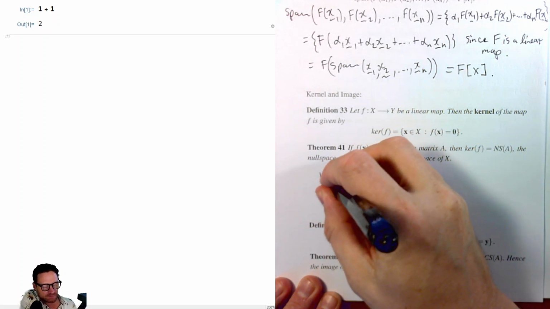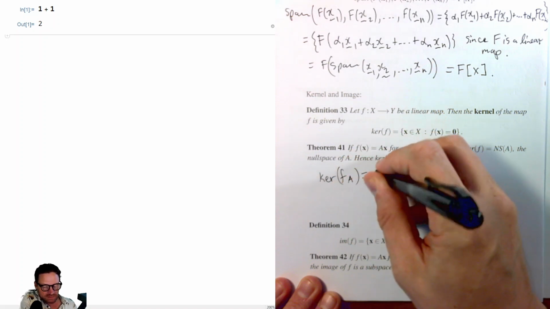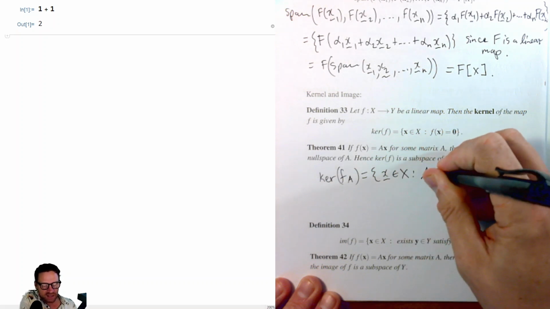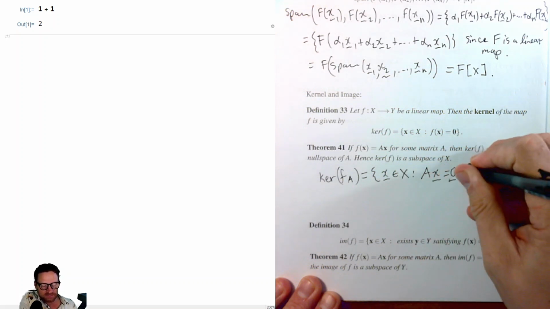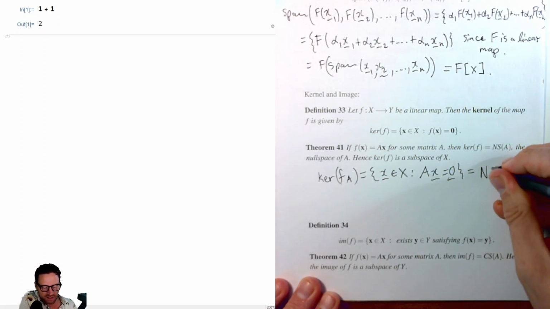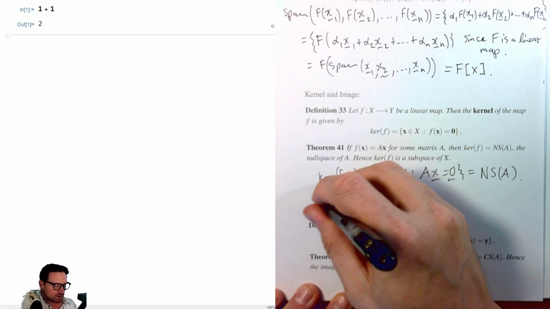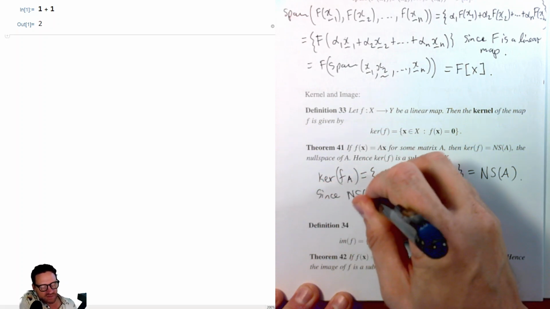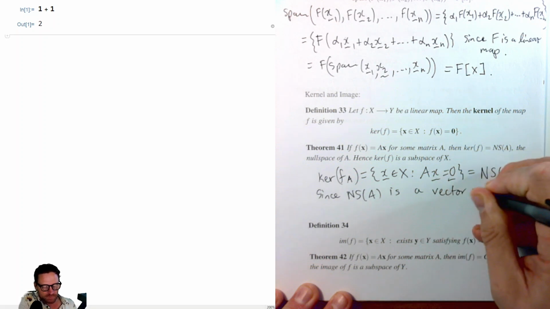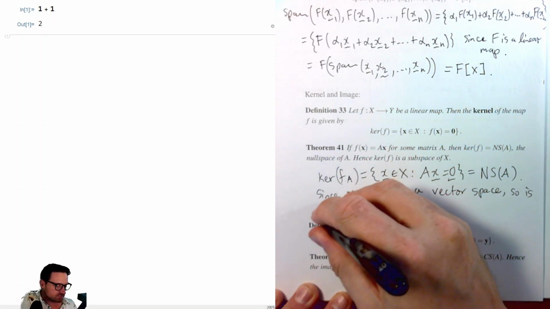Okay, so the kernel of f subscript A is equal to the set of all x in the vector space X such that Ax is the 0 vector. Now if you have a look at this, this is the definition of the null space of A. And since the null space of A is a vector space, so is the kernel.